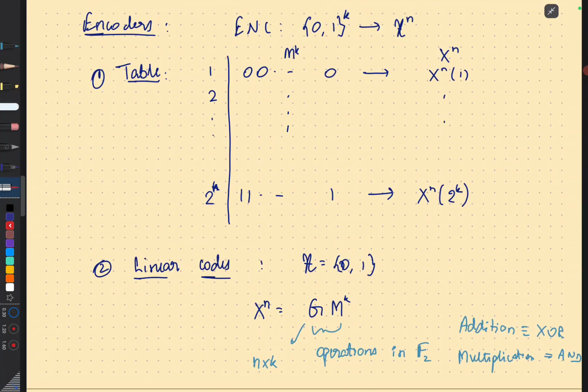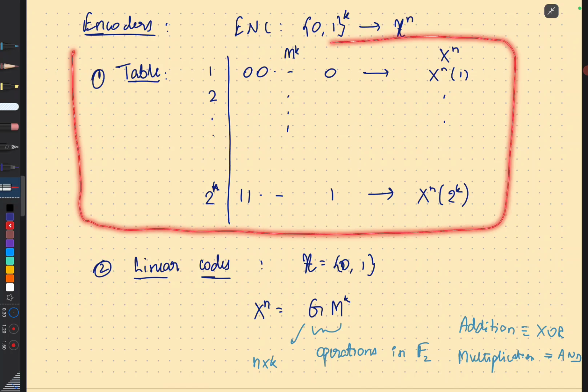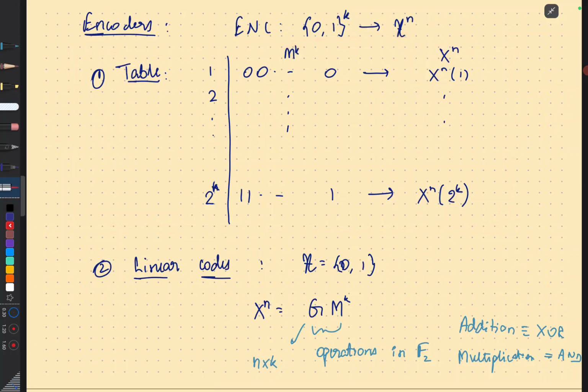Okay. So, quick recap about what we saw regarding encoders and decoders. We'll essentially focus on this form of an encoder. Any deterministic encoder can just be represented as a table. For each message, you write down the corresponding code word. So when you want to transmit, say you receive a message of k bits, then you look up that particular row of this table and transmit the code word corresponding to that row. Conceptually, this is the simplest encoder that we can think of.